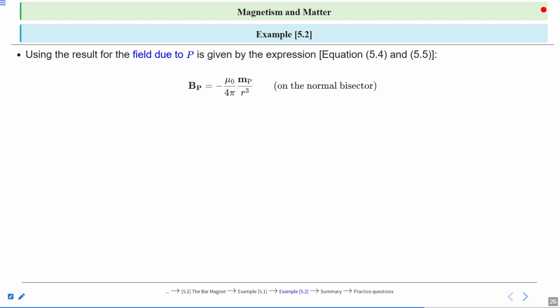This is for the normal bisector, when the magnetic field is perpendicular to the magnetic dipole moment of Q. This is the formula for the magnetic field in that condition on the equatorial plane.